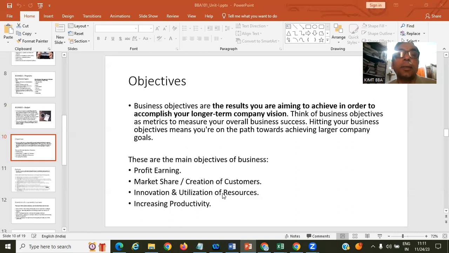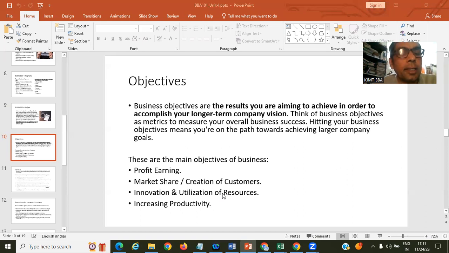Market share is something important. We need to understand what is market share. You do any business, any operation, it has a market. Suppose you are doing one particular sales, one particular business in Eastern Orissa, on this side of Orissa.